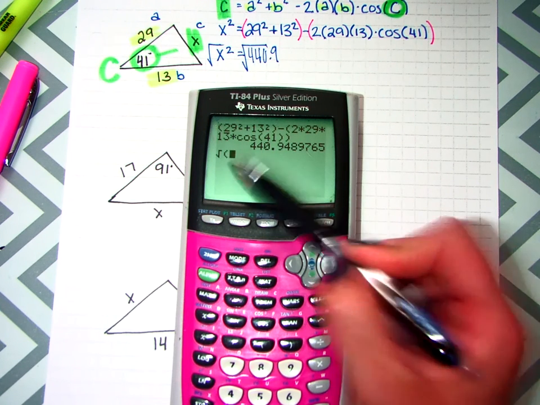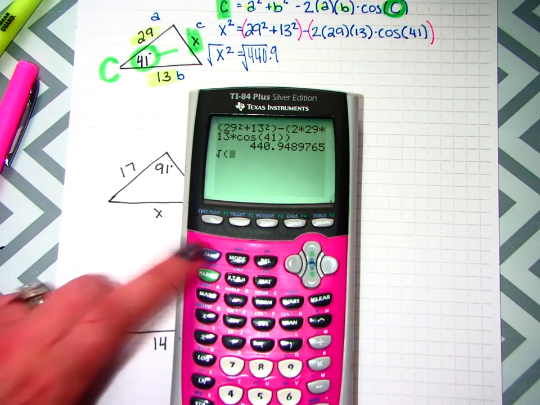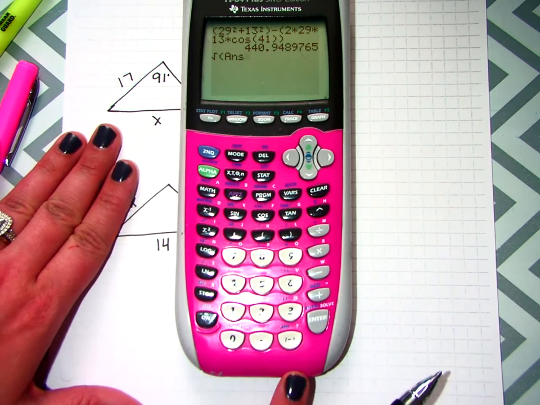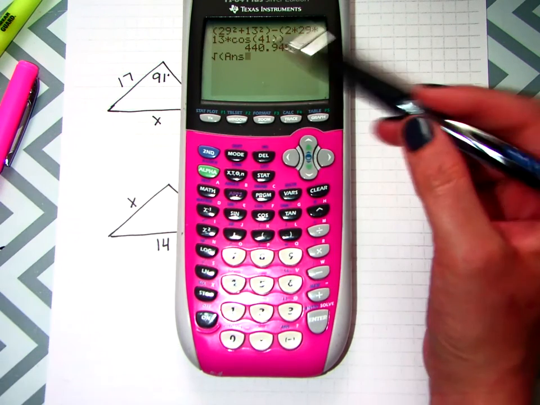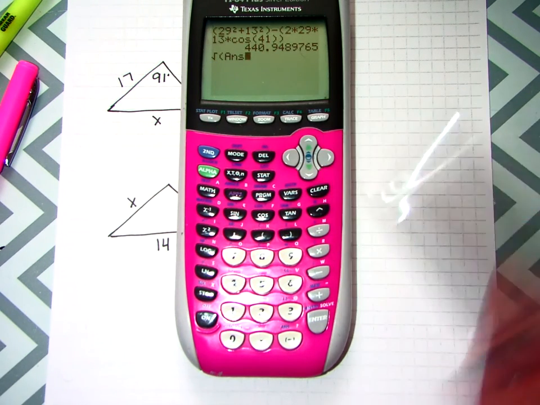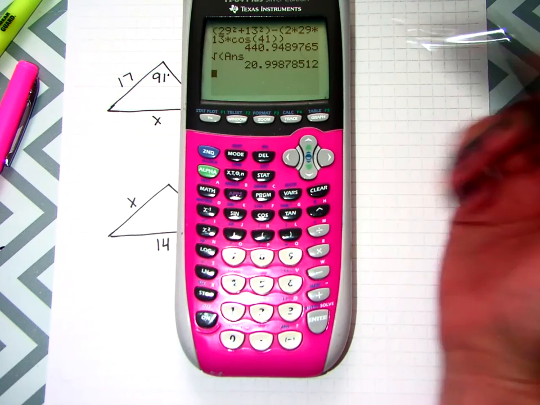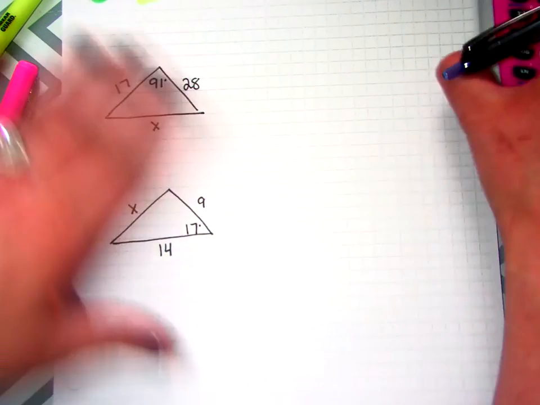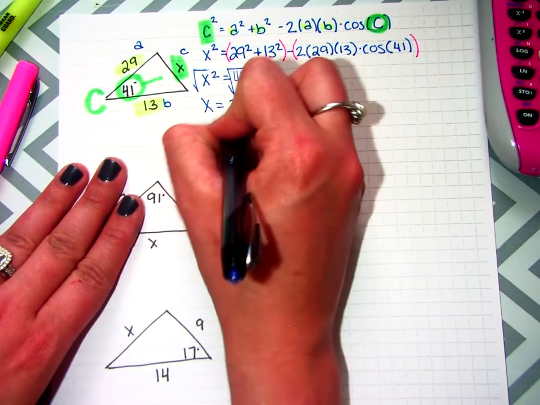Second x squared brings up the square root. Second minus sign, which is located here, brings up the answer. So this reads as square root of my previous answer. Press enter, and my answer is 21. So x is 21.